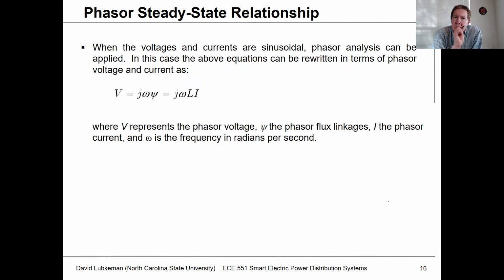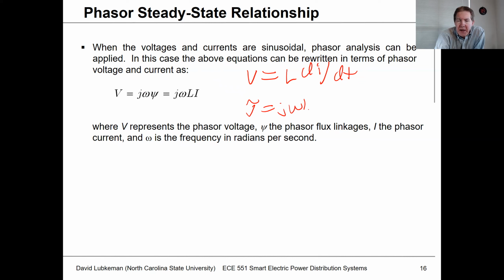So again, we're mostly interested in what's going to happen in steady state if we're working at a fundamental frequency like 50 or 60 hertz. And so if we talk about something like V is equal to L di dt, then if we translate this into phasor analysis, the phasor voltage is going to be equal to j omega L times I, where voltage and current are phasor values.